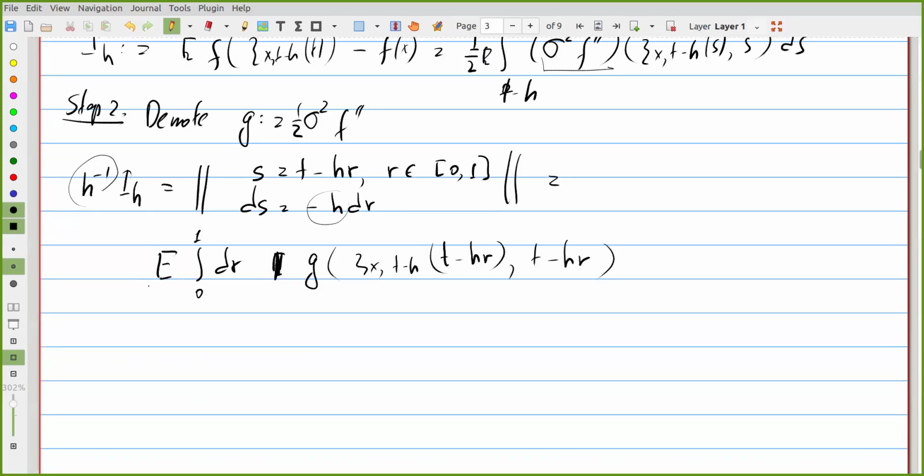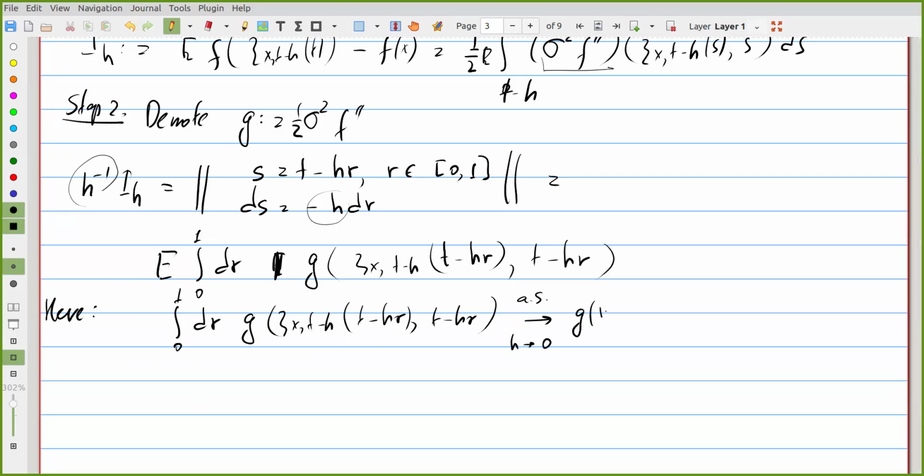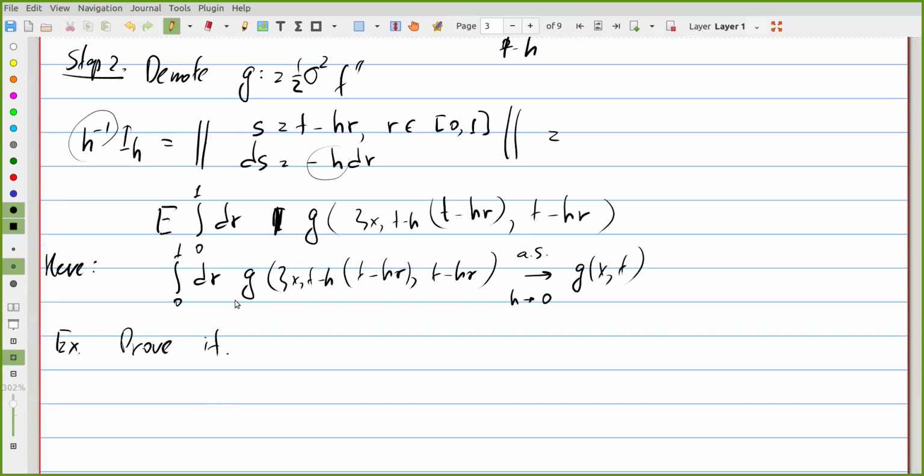Let's leave it here. Now here, this integral from 0 to 1 dr of g of psi x t minus h, t minus h r goes almost surely, when h goes to 0, to just g of x t. Again, by the Lebesgue dominated convergence theorem, used almost surely. Prove it; I will give this as a simple exercise. There is nothing really problematic here.